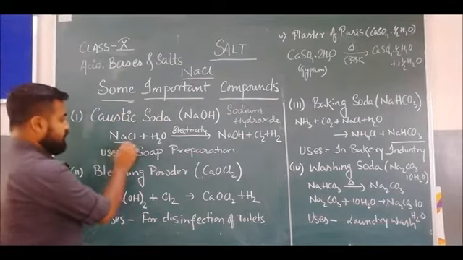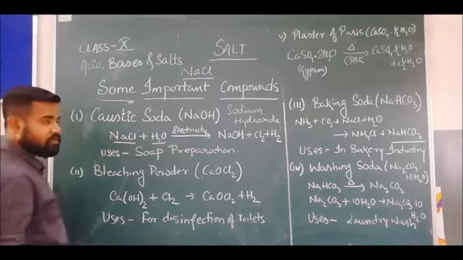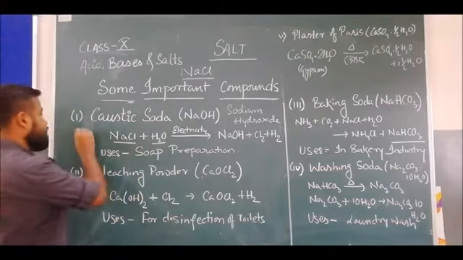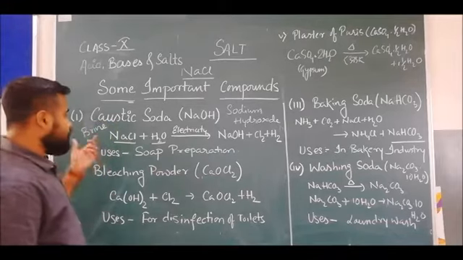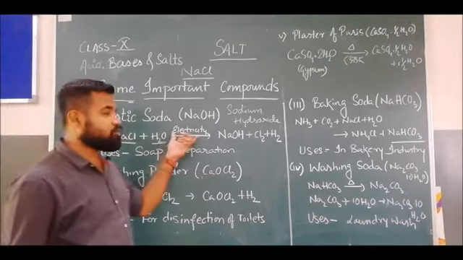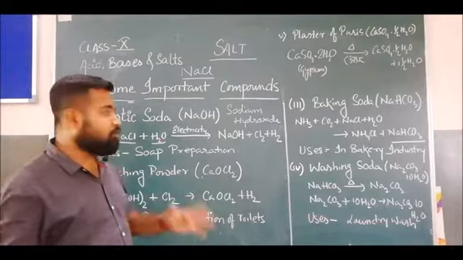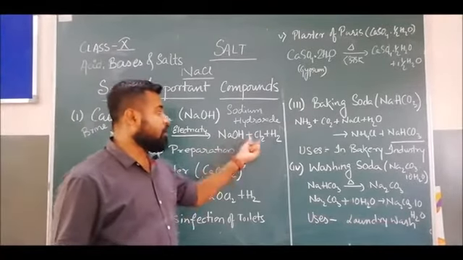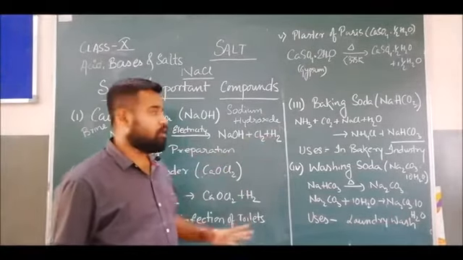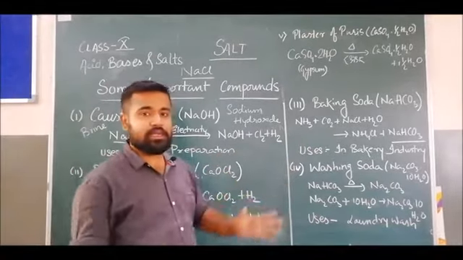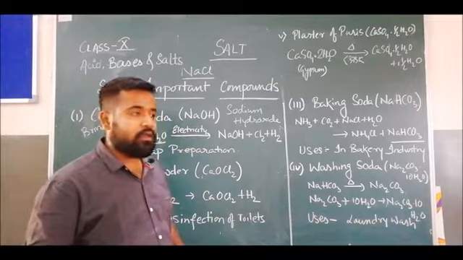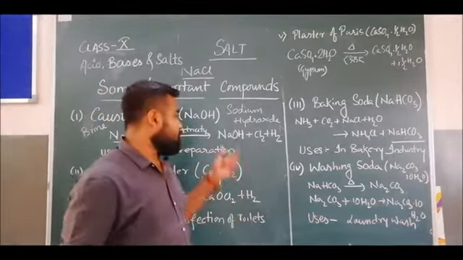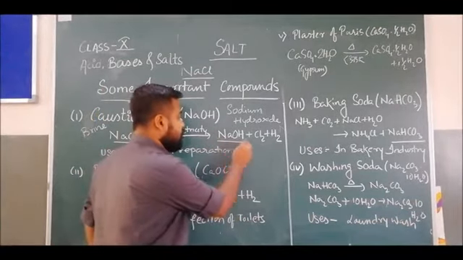How can we prepare this caustic soda or the sodium hydroxide? NaCl, when dissolved in water, is called brine solution. Whenever electricity is passed through the brine solution, it decomposes into sodium hydroxide, chlorine gas and hydrogen gas. Chlorine gas and hydrogen gas are collected separately and can be used for further important chemical reactions, but here we are getting the caustic soda.